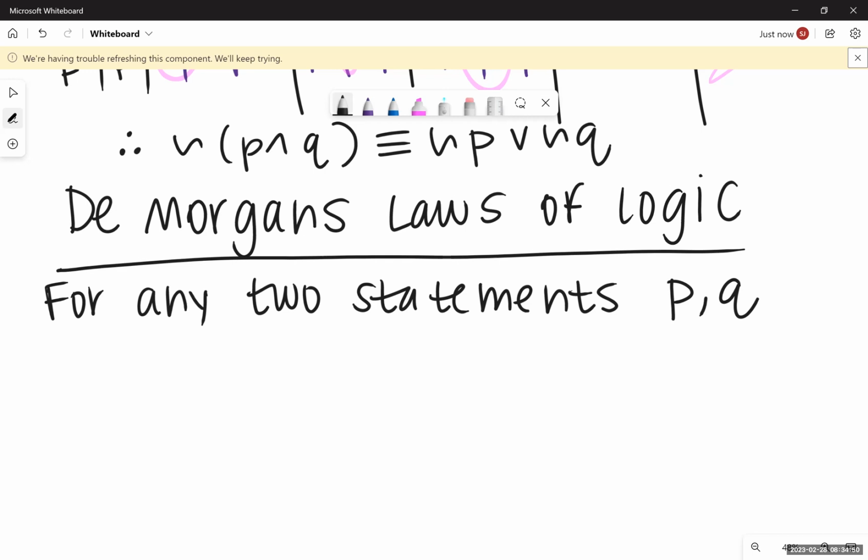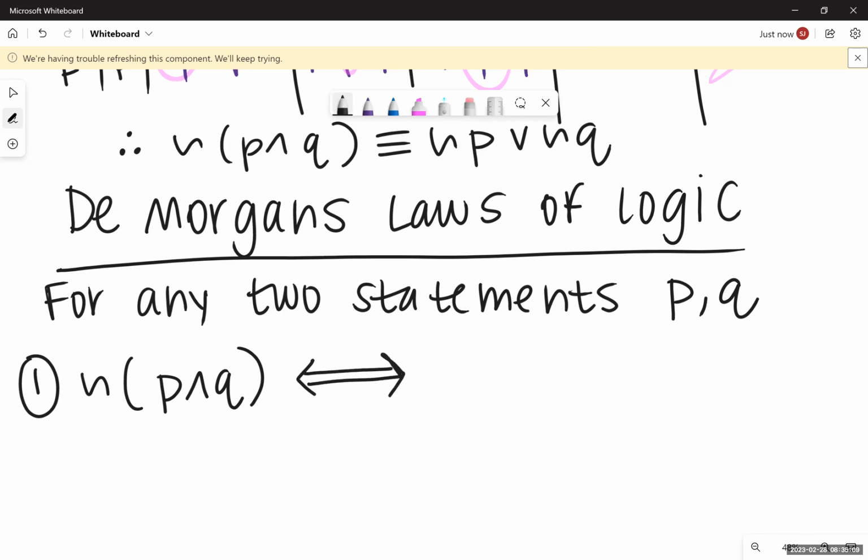The first law is if you see this form where it is false that P and Q, which is what our original statement was, it is logically equivalent to, always, no matter what, it's been proven, the conjunction of the negations of both statements.